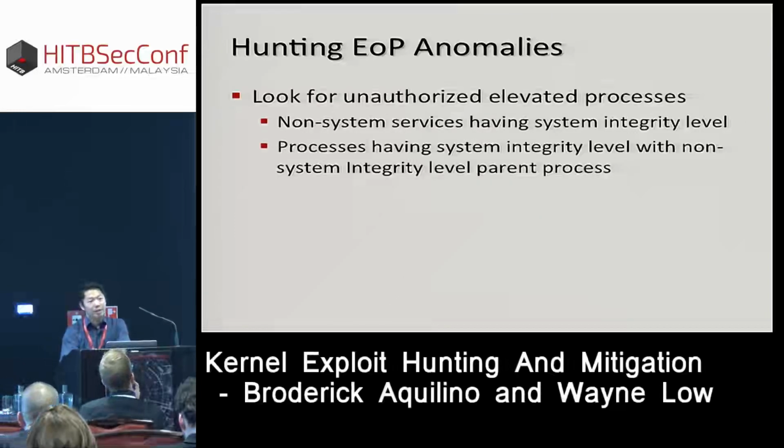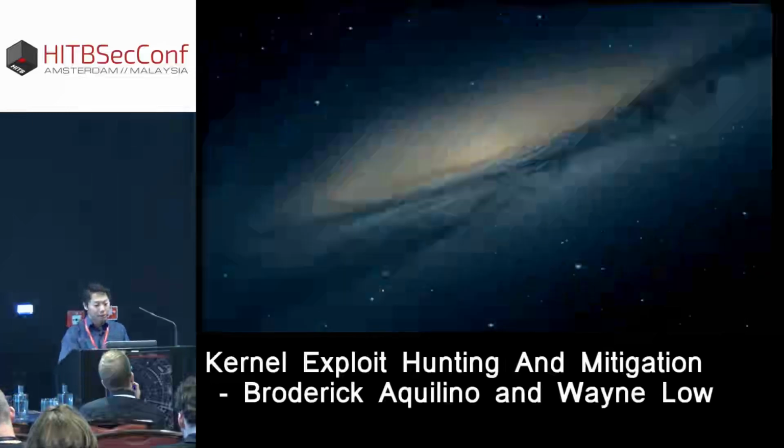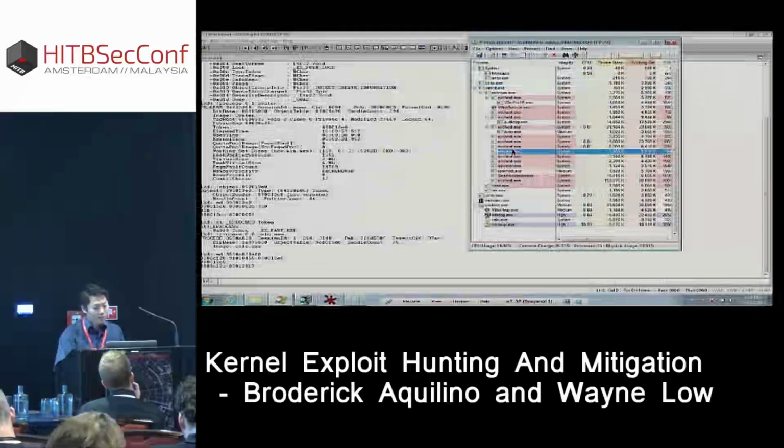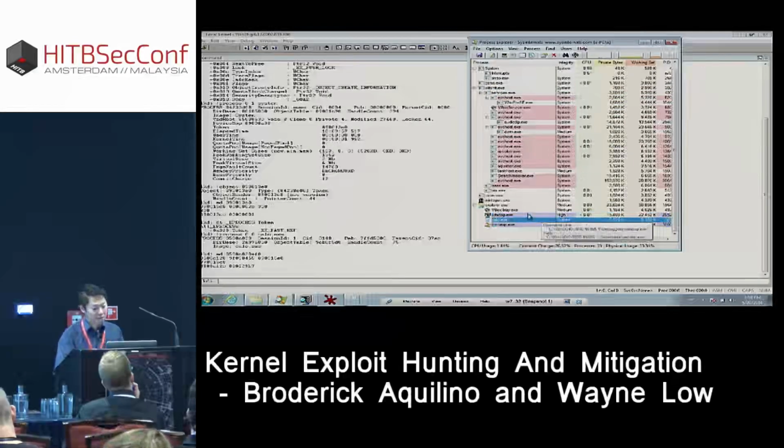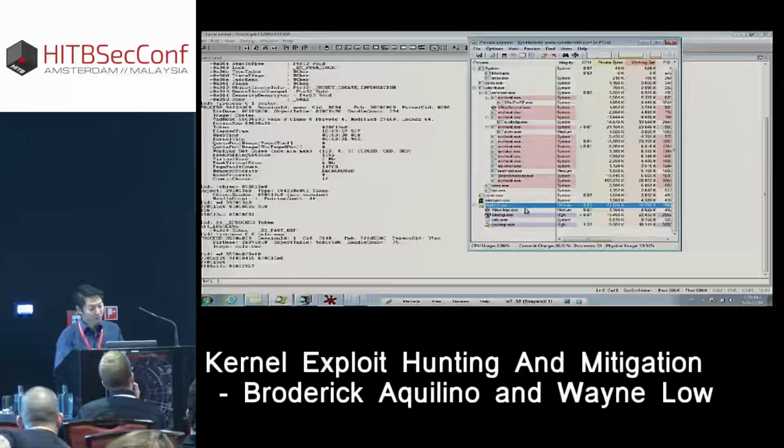If it has system integrity level, then its parent should also have system integrity level. So for example, a normal process like svchost has a system integrity level, so its parent should also have system integrity level. So now calc has system integrity level, but its parent, Explorer.exe, is only medium integrity level.